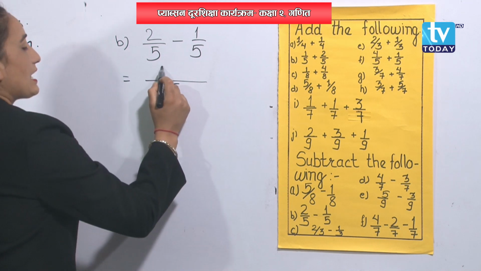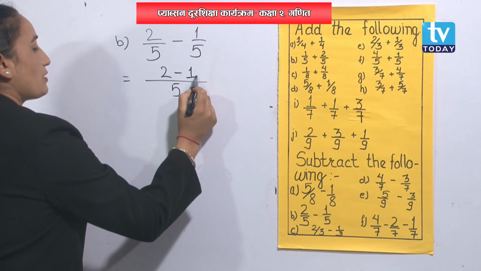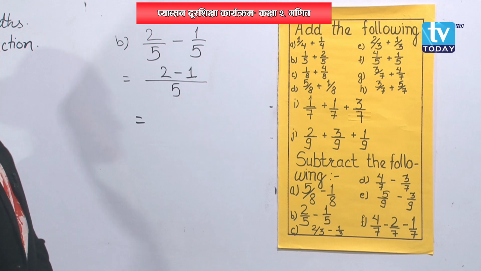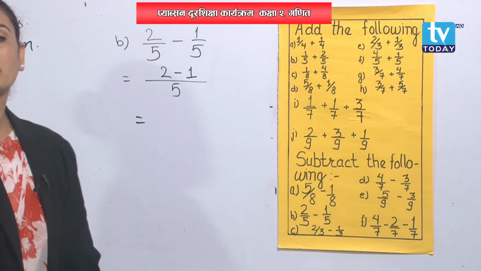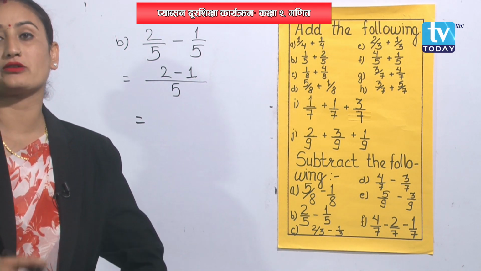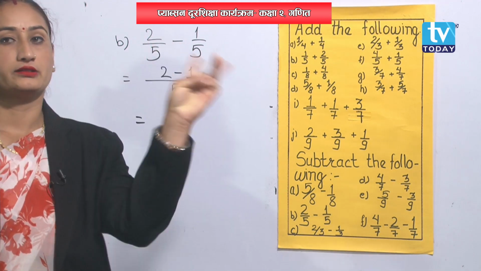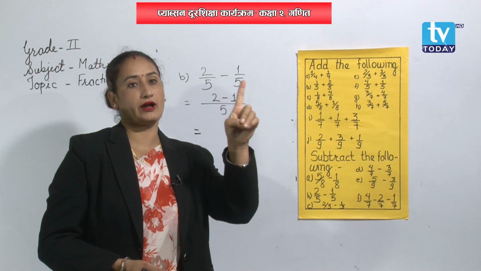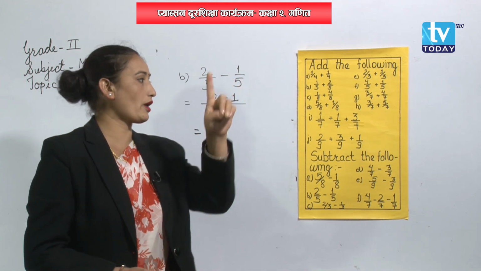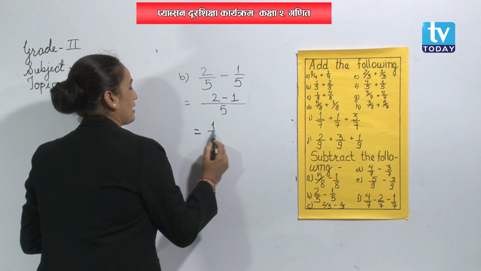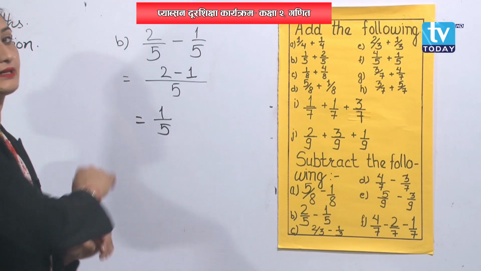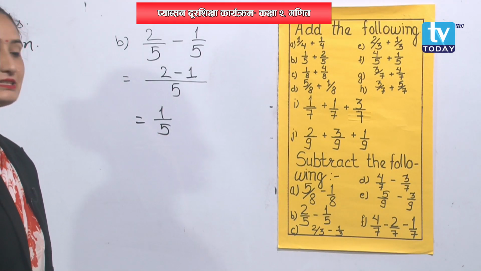Now write down 2 minus 1. If we subtract 1 out of 2, then what will be left? There are 2 digits. If I remove 1, then how many will be left? 1. So write down 1/5. Done? It's very easy, right?